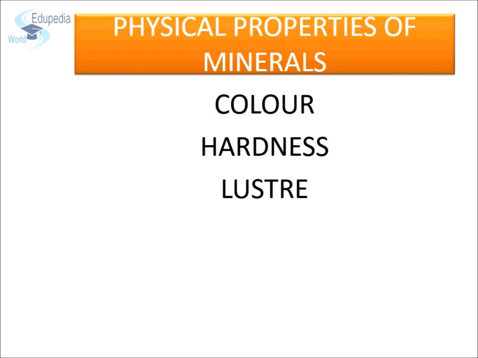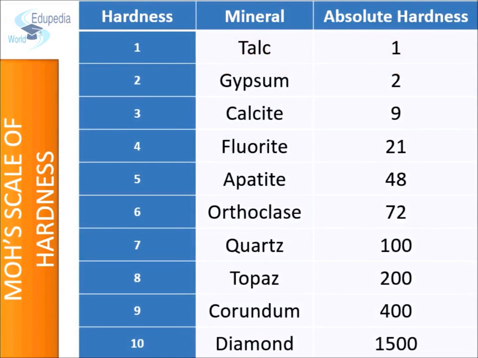In order to describe the hardness of a mineral, mineralogists use the Mohs scale of hardness. On this scale, talc is the softest mineral with a hardness of 1, whereas diamond is the hardest mineral with a hardness of 10.